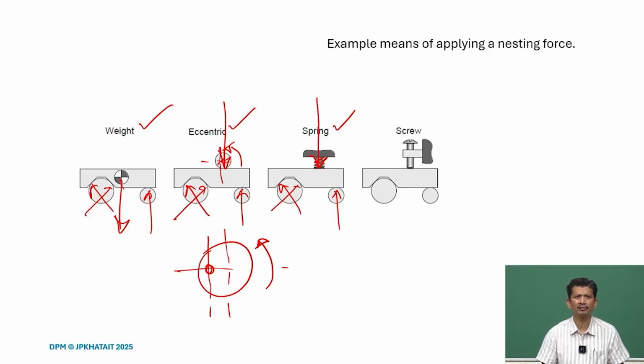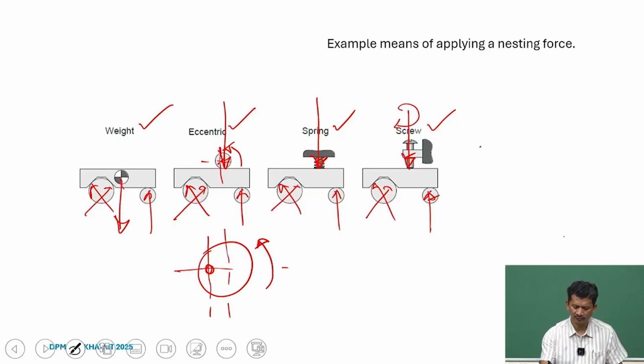So there is no question of getting negative values. It will be 0 or positive. 0 means we have to find some ways to get sufficient contact. Another is the screw, we turn and then we can get the force here and then we can get the contacts. So these are some of the methods.